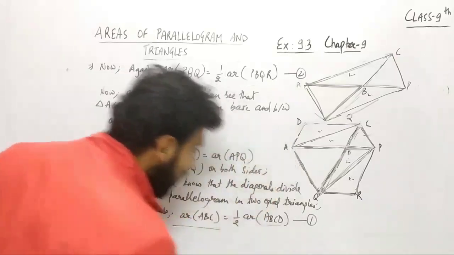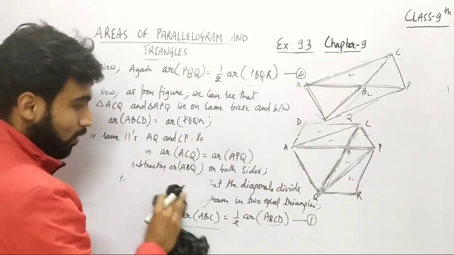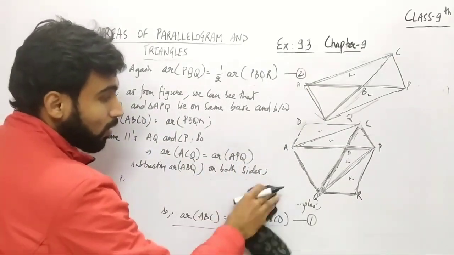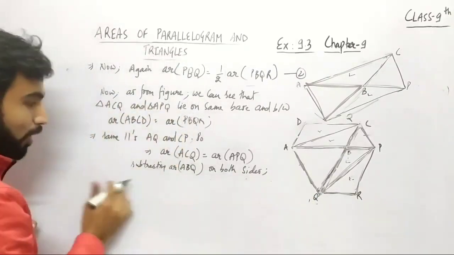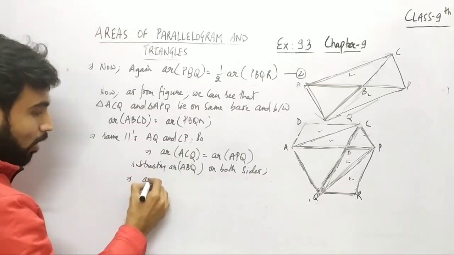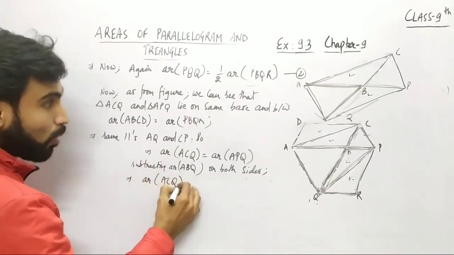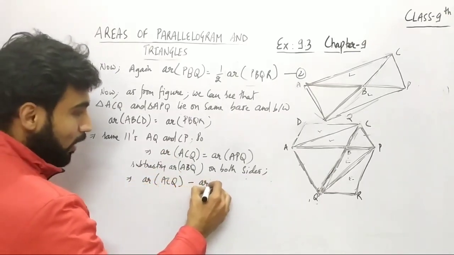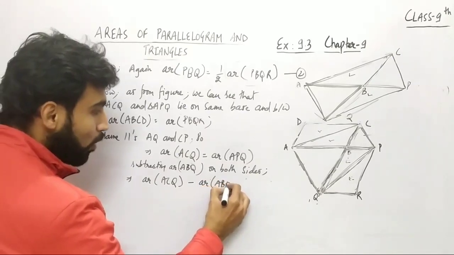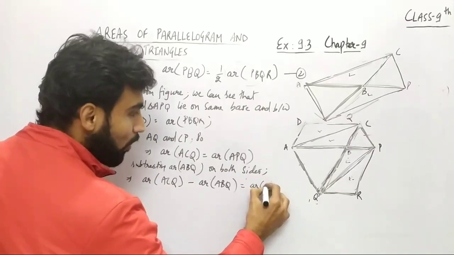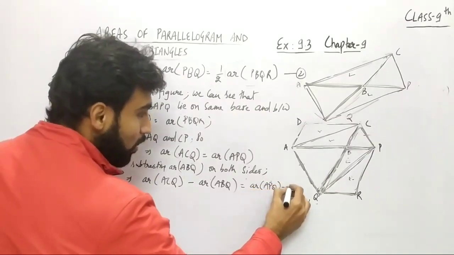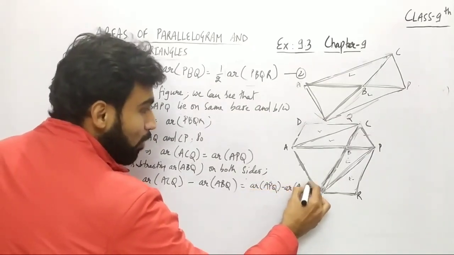So we are going to get area of triangle ACQ minus area of triangle ABQ. So on the left hand side I subtracted ABQ. Similarly on the right hand side I will do the same thing. So here also I subtracted ABQ.